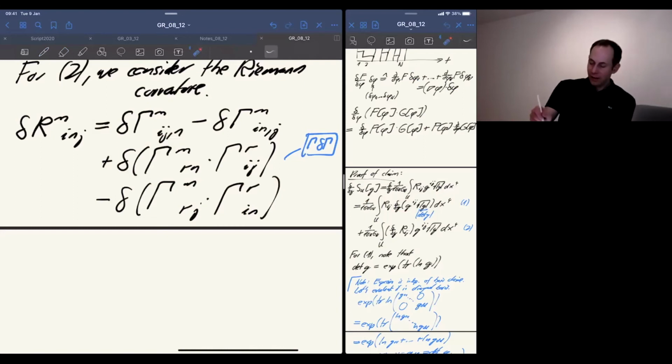And then because I get terms like this, and because in normal coordinates the gammas are always 0, then also gamma times the delta gamma is 0. Delta gamma is not necessarily 0. Delta gamma involves the variation. Because I vary the metric, the gammas will change.